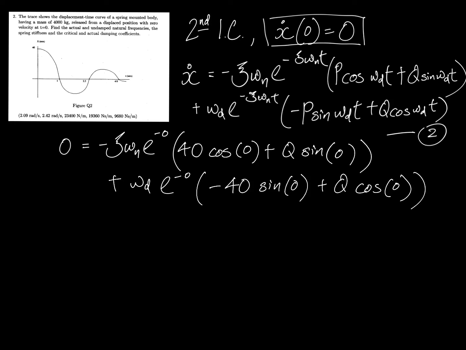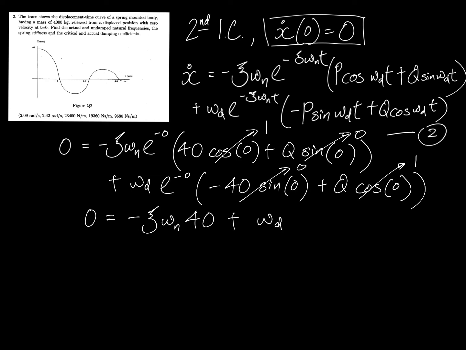Right, again sine 0 is 0 and cos 0 is 1. Okay, so e to the power of 0 will be equals to 1, and that will give us this equation, minus zeta omega n 40 plus omega d Q. Let's call this equation 3.